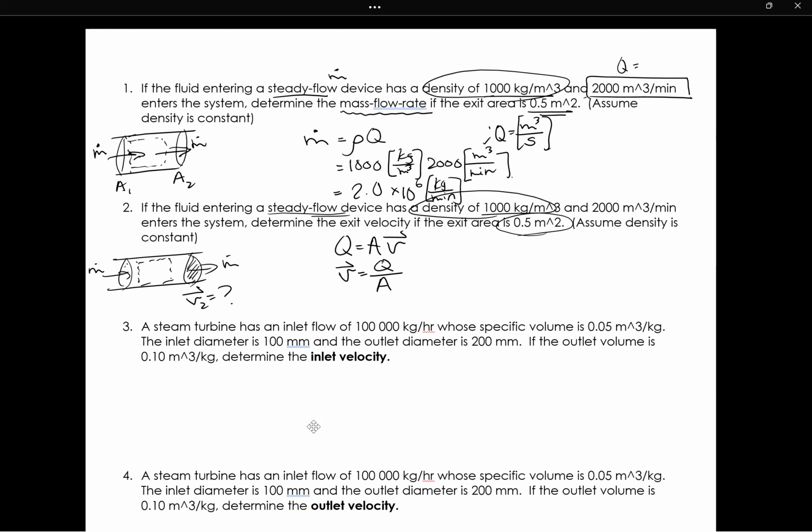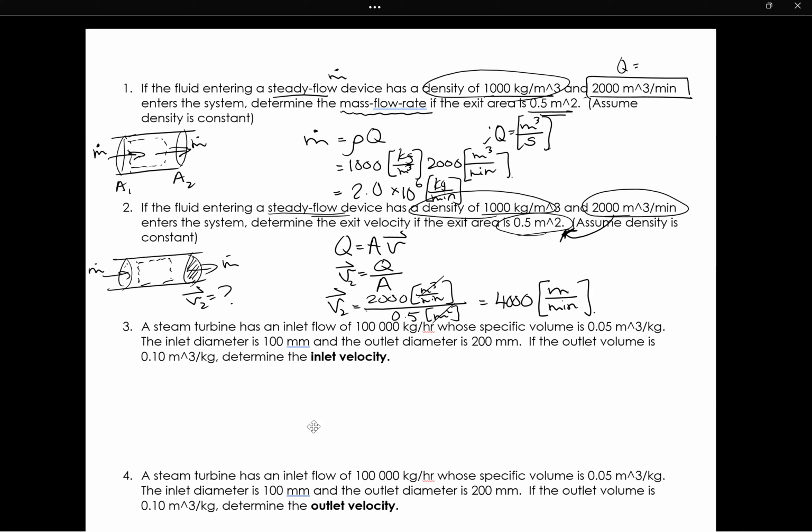Not meters cubed, meters. Of course, meters cubed and meters squared. And I want meters per minute because this is a velocity V2. I didn't even care what V1 is because I was given Q. I didn't have to calculate it from V1.